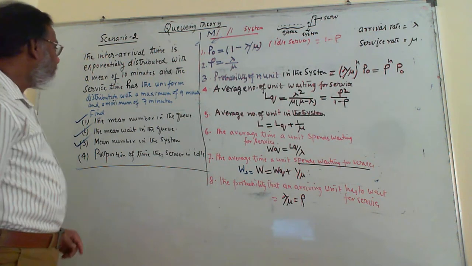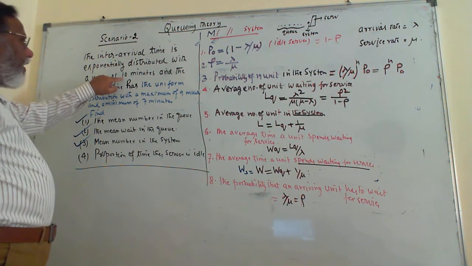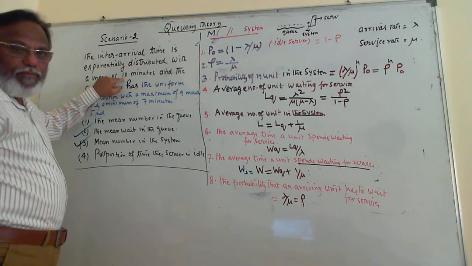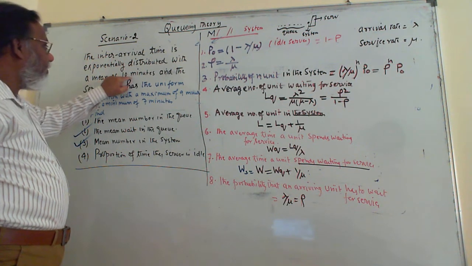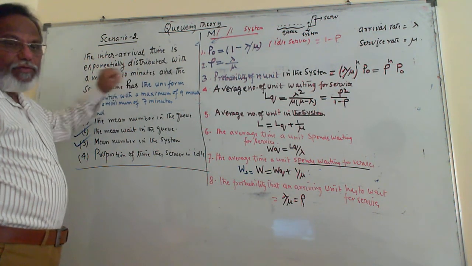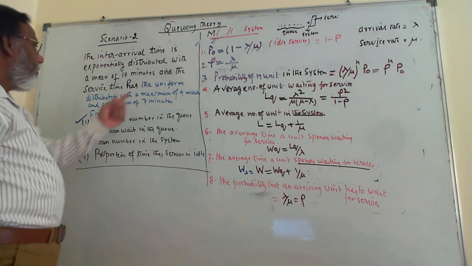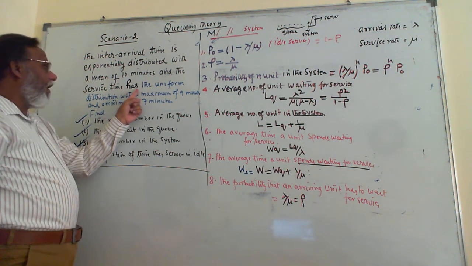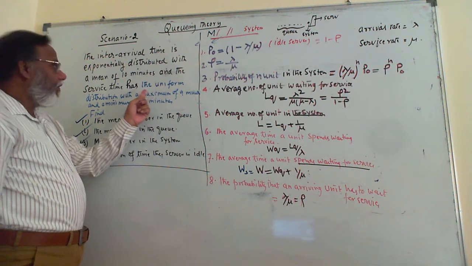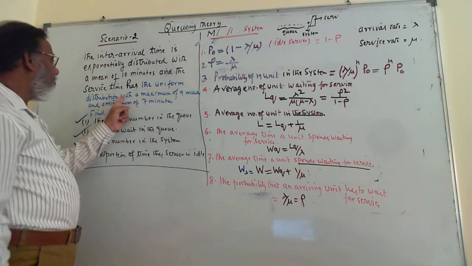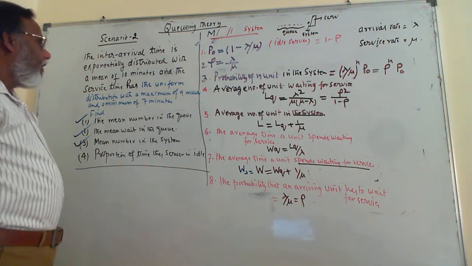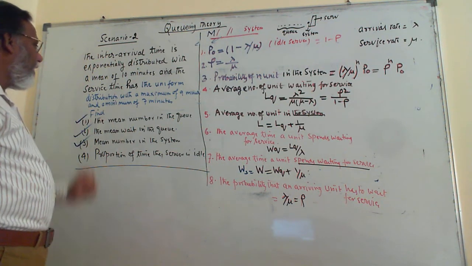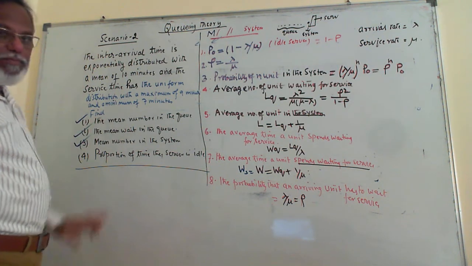And the value of lambda is again, like before, 1/10, because we are given an inter-arrival time. But now, for the service time, there is a difference: the uniform distribution with a maximum of 9 minutes and a minimum of 7 minutes.